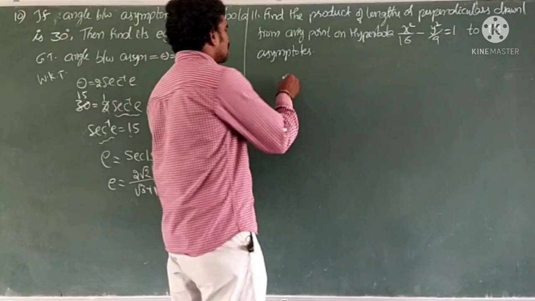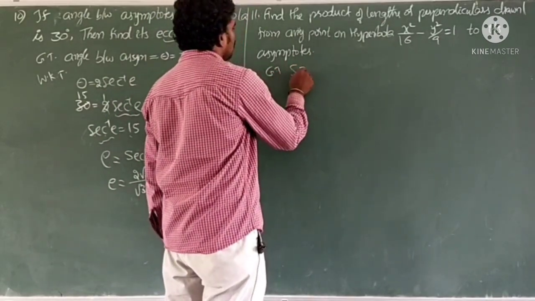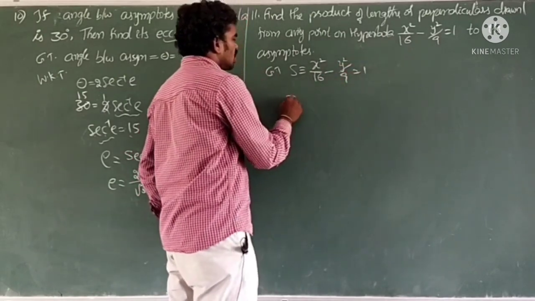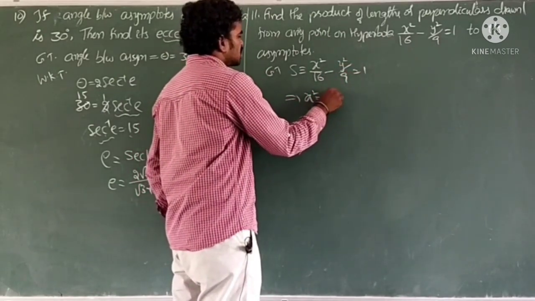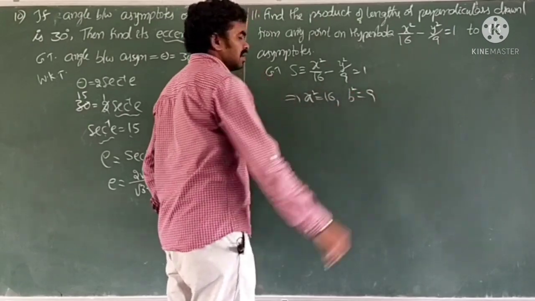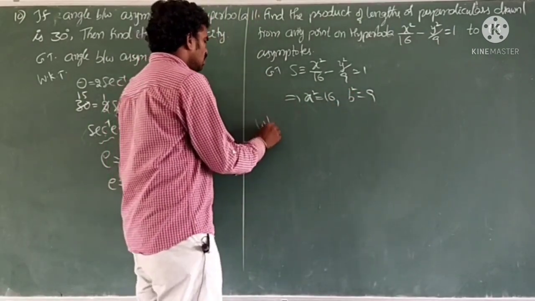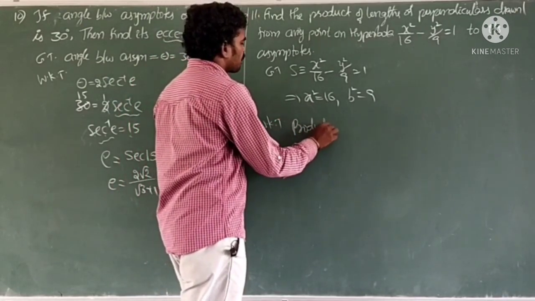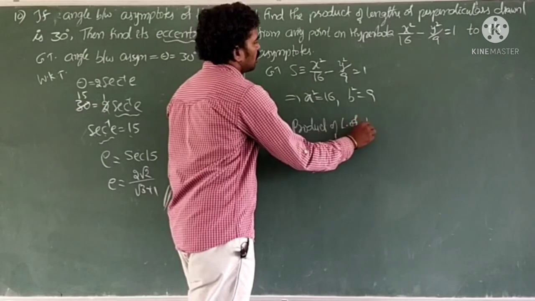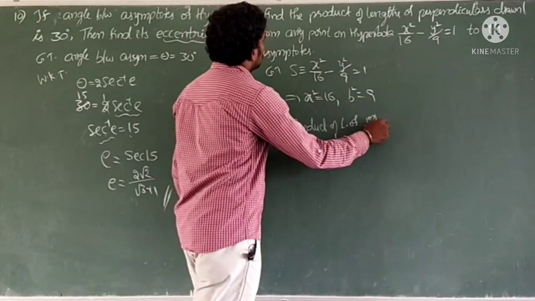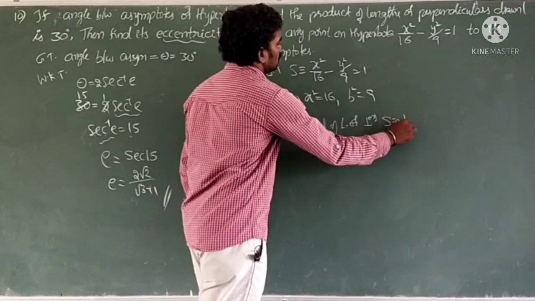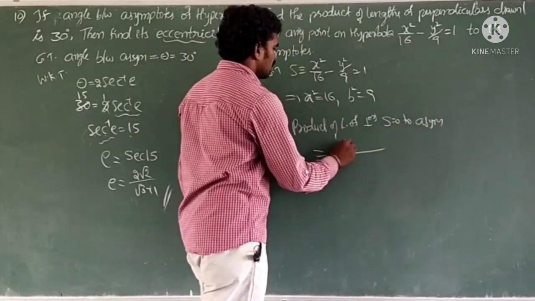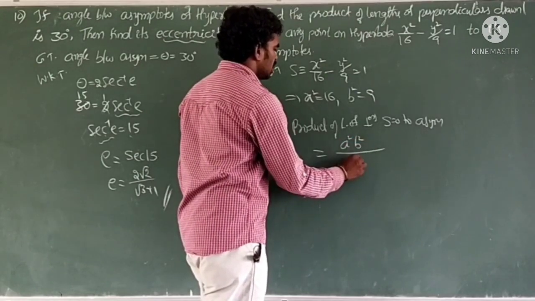So first write the given hyperbola, x square by 16 minus y square by 9 equal to 1. So that means a square equals 16, b square equals 9, and you know that the product of lengths of perpendiculars from the hyperbola to the asymptotes is a square into b square by a square plus b square.